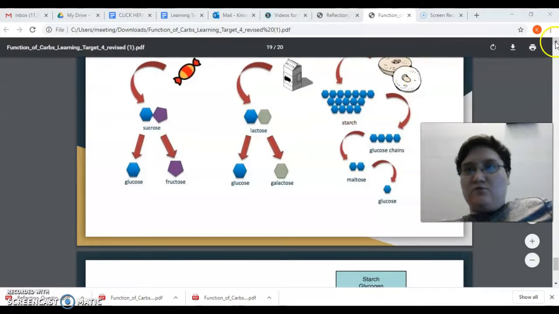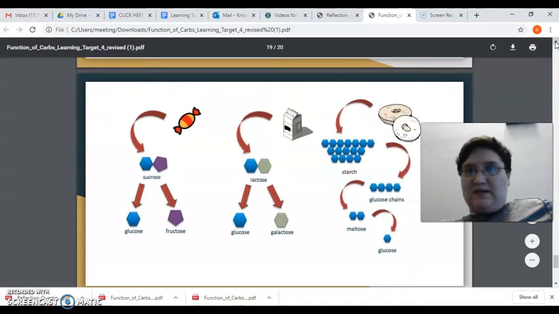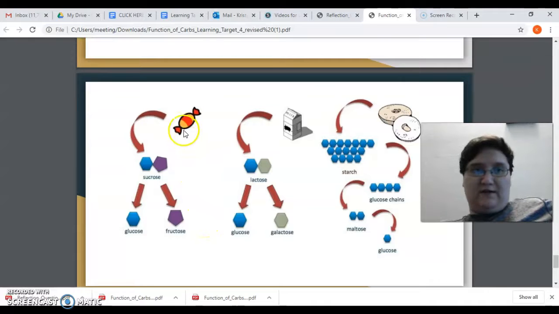So, if you look at this slide here, it is showing us the process of digesting a candy versus milk versus a donut, right? At this point, we should know, actually, you know what? I didn't say this. I passed by it. Sucrose.